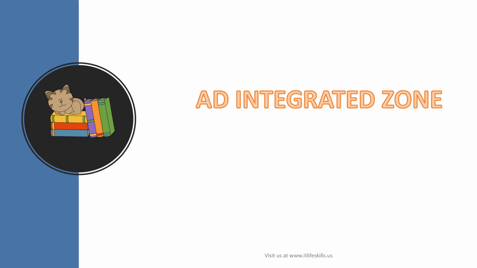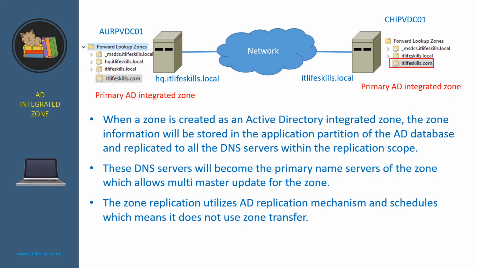In this lesson, we will learn about Active Directory Integrated Zone. As you may know, when a zone is created as an Active Directory Integrated Zone, the zone information will be stored in the application partition of the AD database and replicated to all the DNS servers within the replication scope.